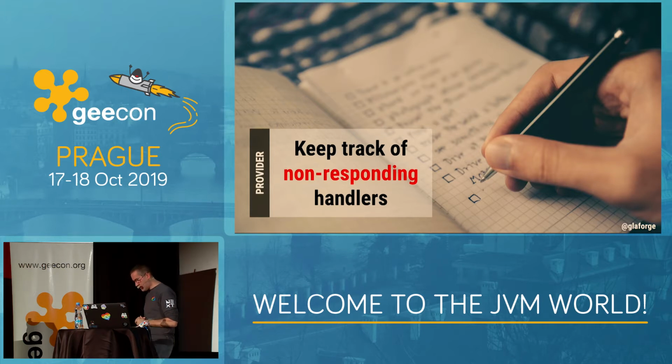Yeah, the other thing. We mentioned exponential backoff, retries, etc. But if you notice when you're a service provider that a particular handler is not responding, you should keep track of that. And at some point, after perhaps 10 retries or something like this, you should just stop sending notifications because they won't be received anyway.